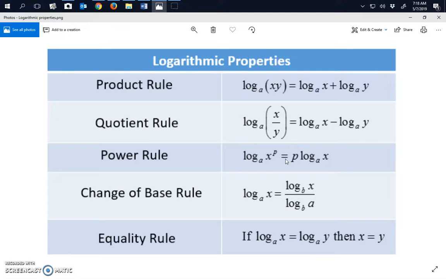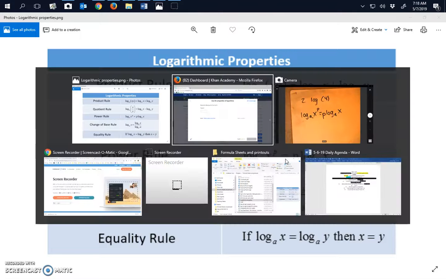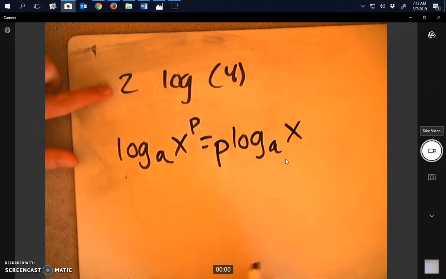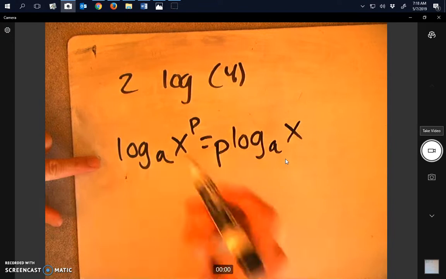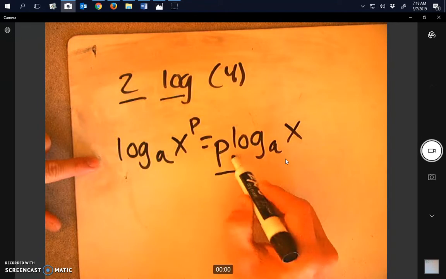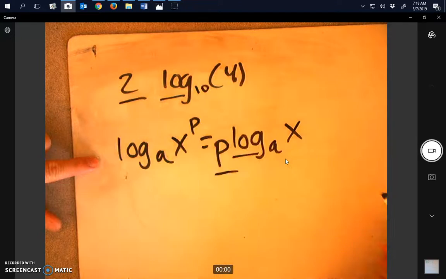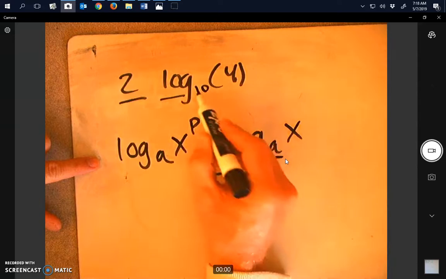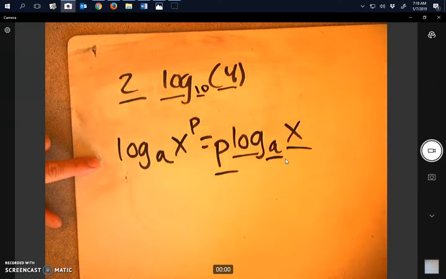Log base a of x to the p is equal to p times log base a of x. Okay. So here's our question. Here's the formula we're using. So here is our p, our log, our a is 10, and then our x is 4.